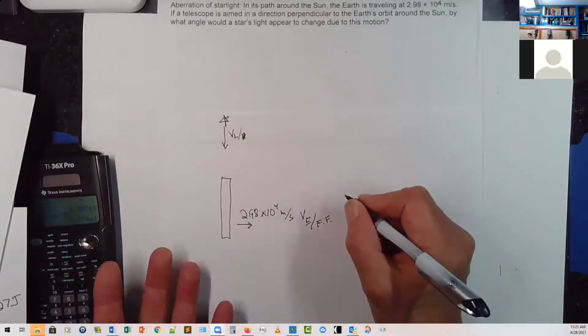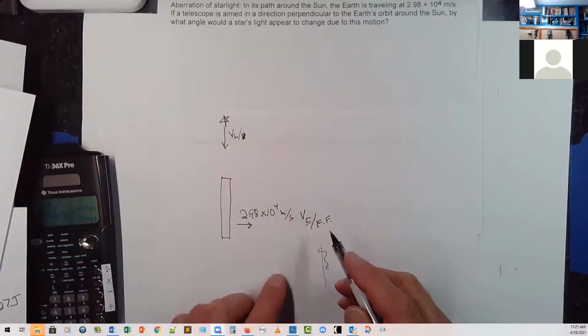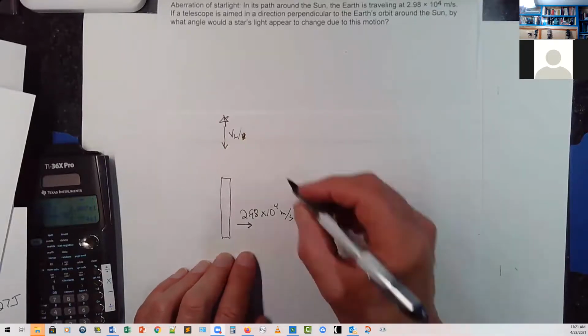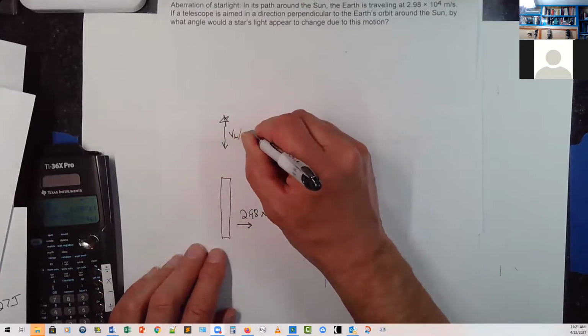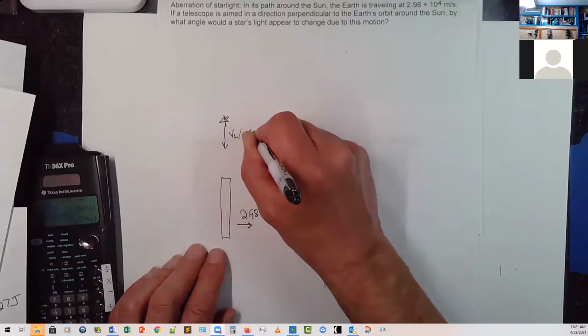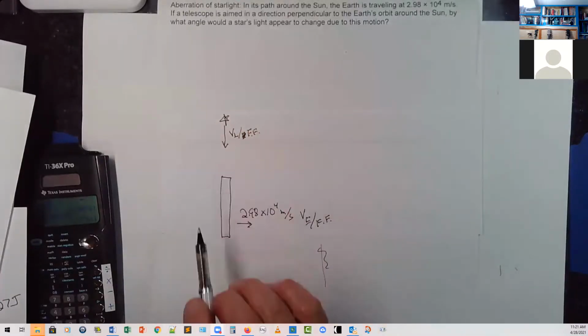Actually, it's not such a fixed frame, but we'll say that it is. Velocity of the Earth with respect to a fixed frame. This is the velocity of the light with respect to a fixed frame. And we would like to know what's the velocity of the light with respect to the Earth.